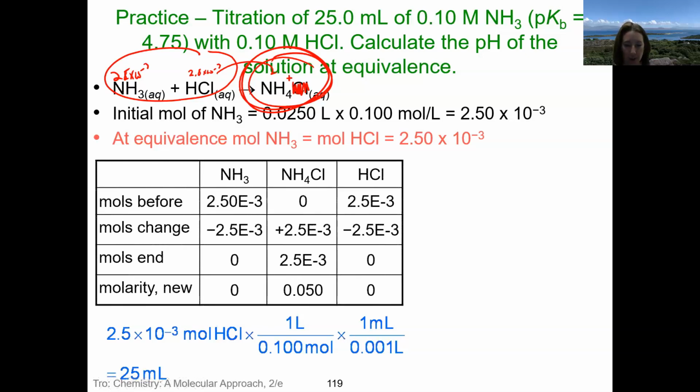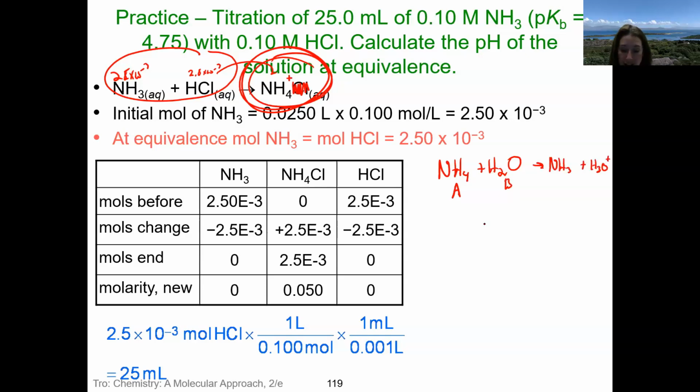You don't really need to know the volume. It doesn't matter, right? Because this is going to go down by that much, and this is going to go up by that much. So that's all we have here. If all we have is our conjugate acid, and we put it in water, remember, if this is an acid, acids lose, bases gain.